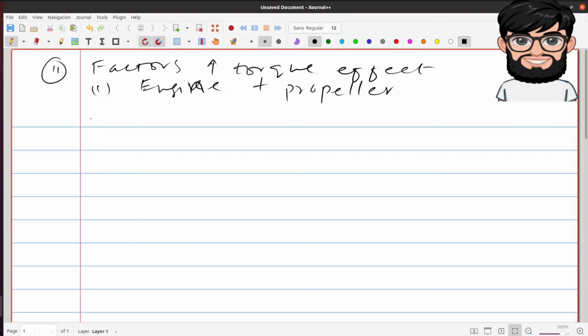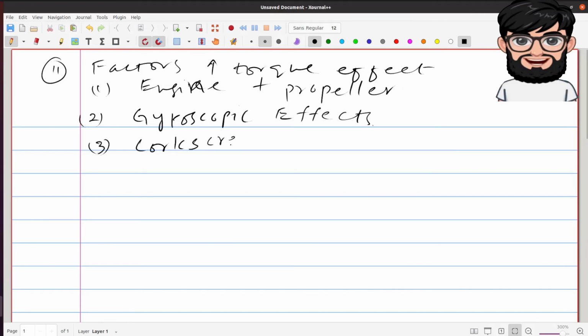And then we have the gyroscopic effects. Third one is the corkscrewing effect. And the fourth one is the asymmetrical loading of the propeller.